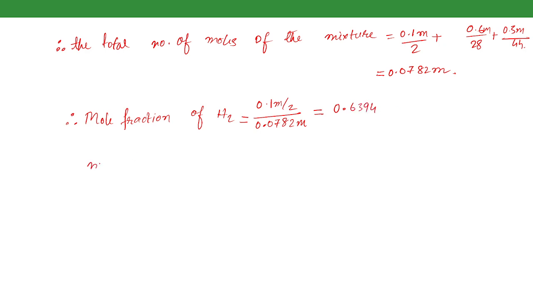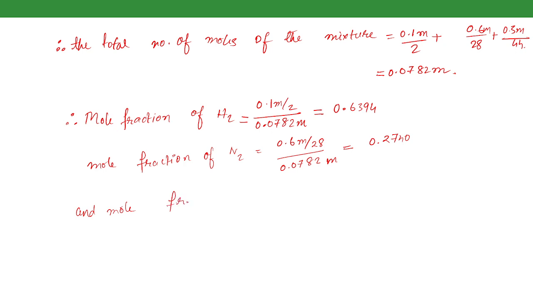The mole fraction of nitrogen, that is 0.6 m by 28 divided by 0.0782 m, comes out to be 0.2740, and the mole fraction of carbon dioxide will be 0.3 m by 44 divided by 0.0782 m, and the value will be 0.0870.